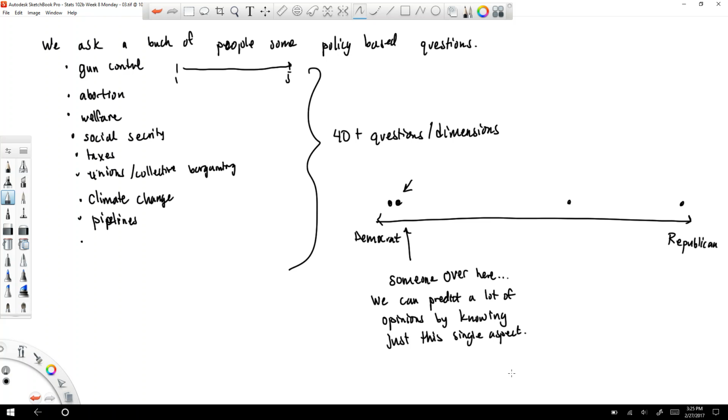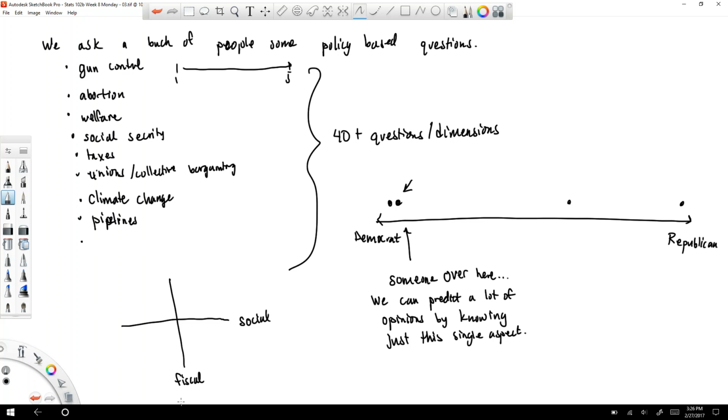Or other places will try to expand this and have maybe two dimensions, like social and fiscal. Basically, more control socially and less control fiscally aligns you a certain way.